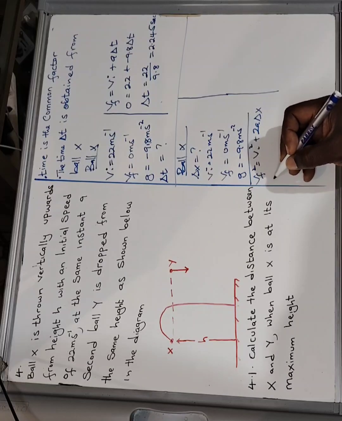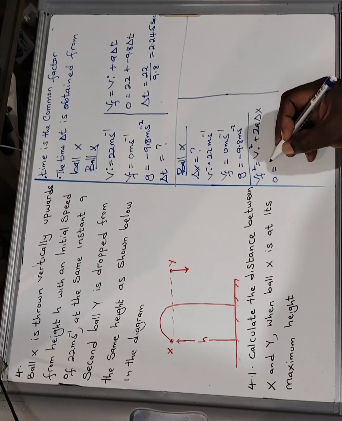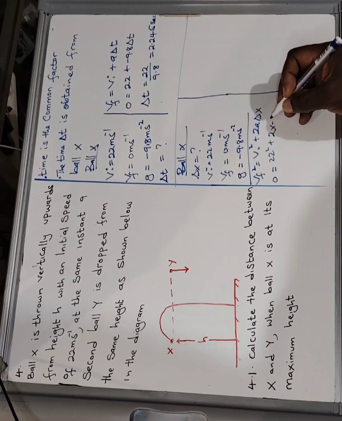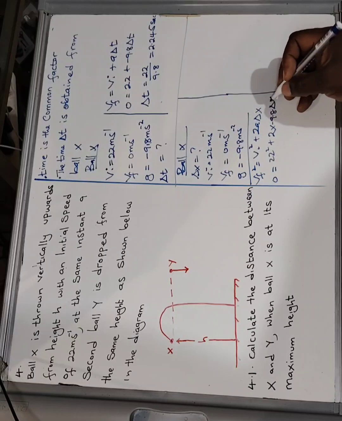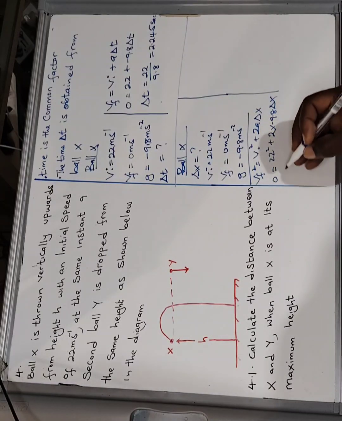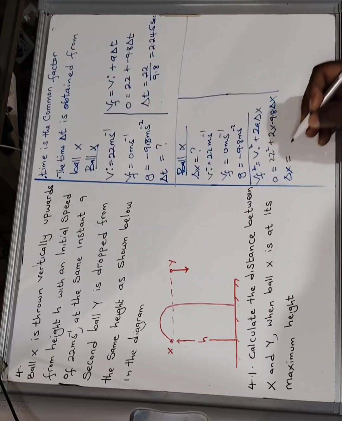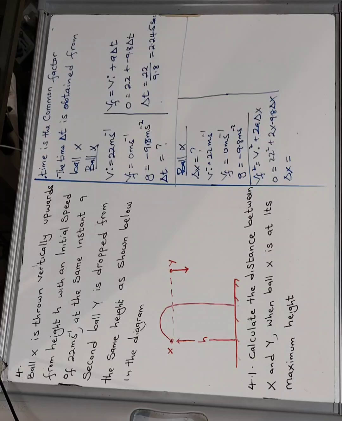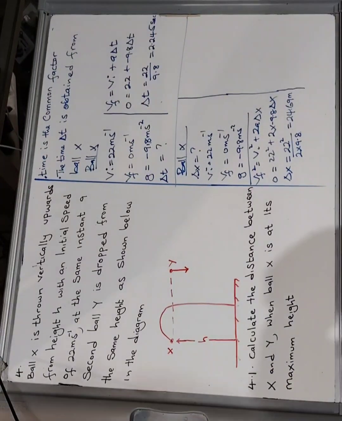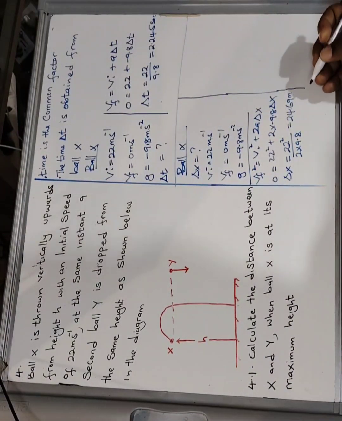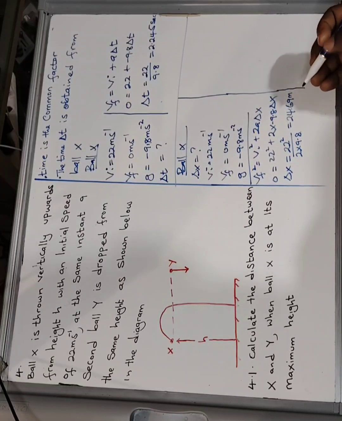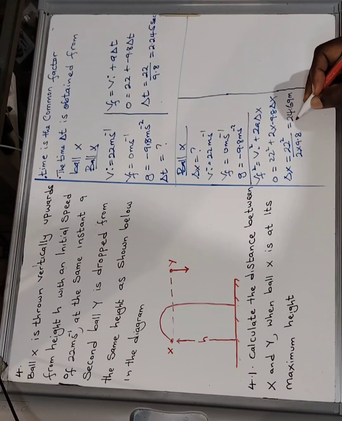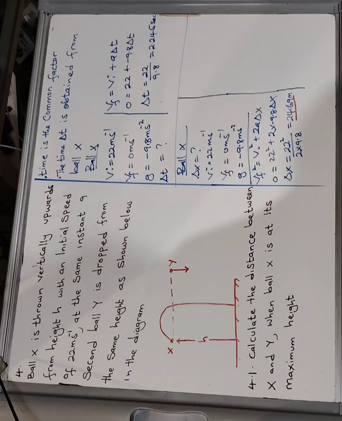Substitute, this is 0, 22. So when you substitute, this is what you get. So our delta x is going to be equal to, let us see. Okay, this is what we are having for ball X. The displacement covered to maximum height, it is here.